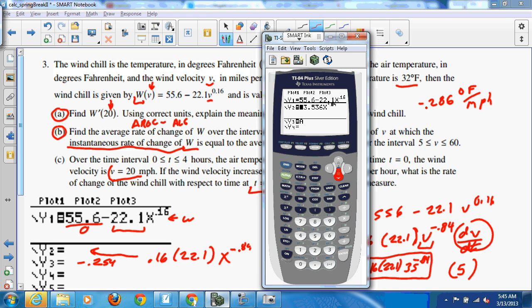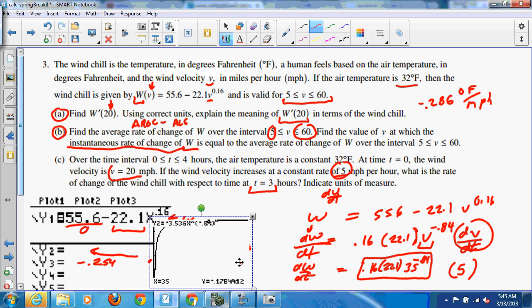Okay, I don't really need this graph, so I'm just going to go to this graph and trace it out for 35. Make sure my window is set. X max up to 60, so that should do it. So I'm just going to trace out at 35. Copy that over here.